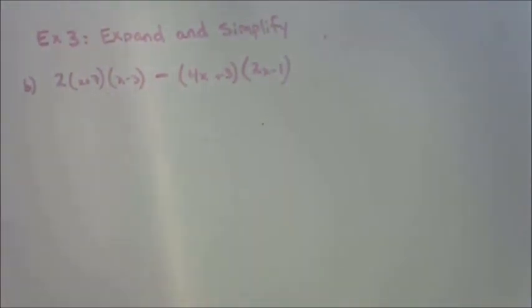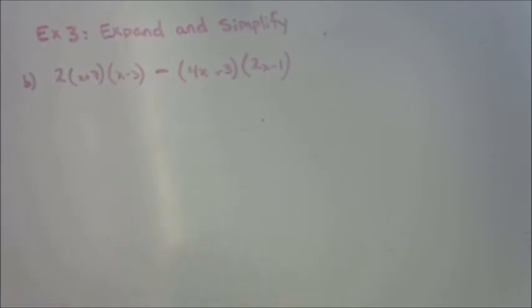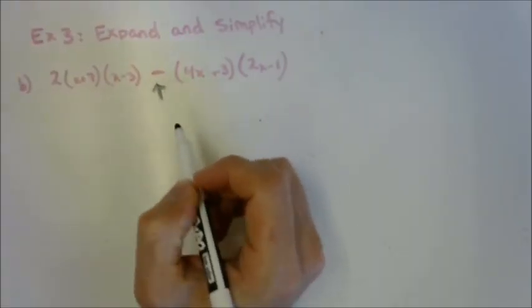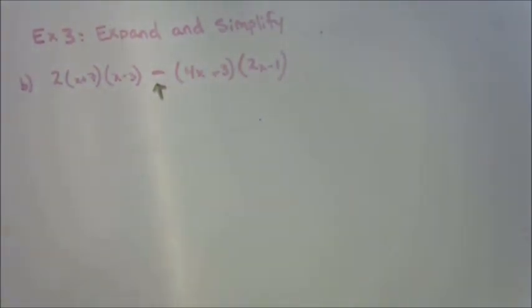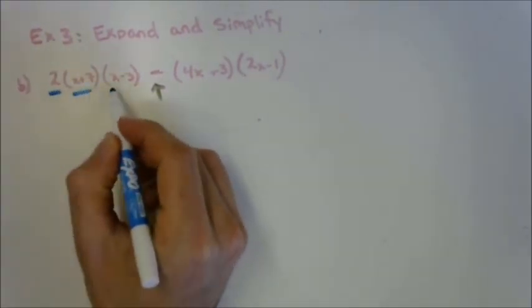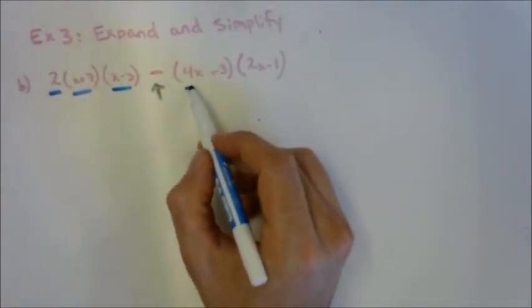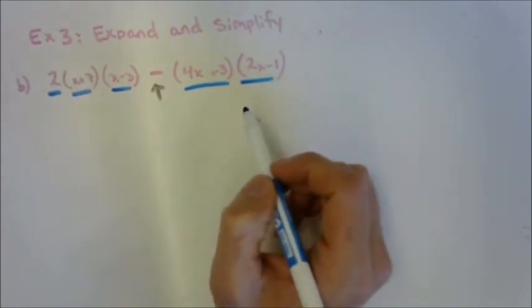Right away you'll notice that this subtraction sign splits up the whole thing, so I'm not going to deal with these together until the very end. First I'll deal with the product on the left, which has 3 factors, and then the product on the right, which has 2 factors.